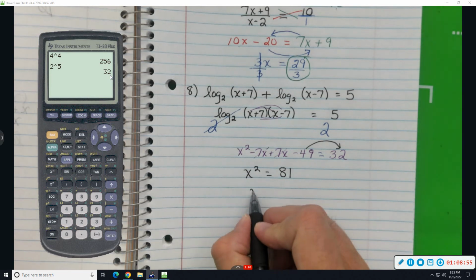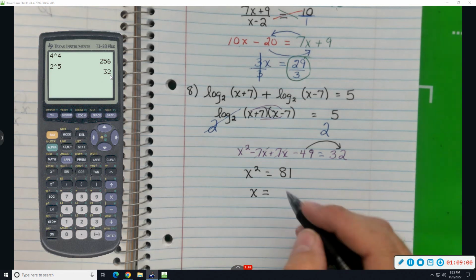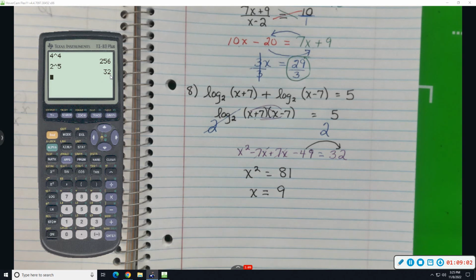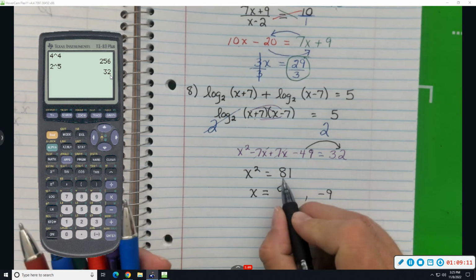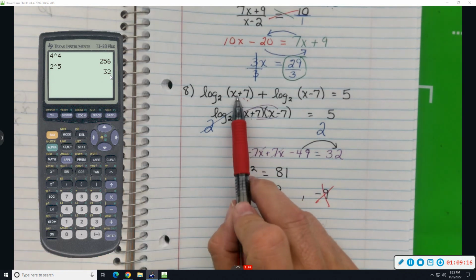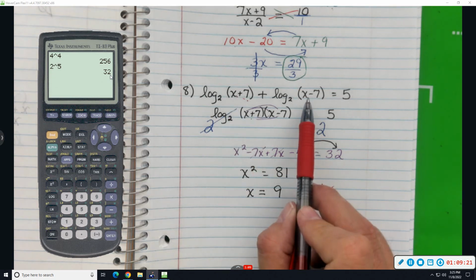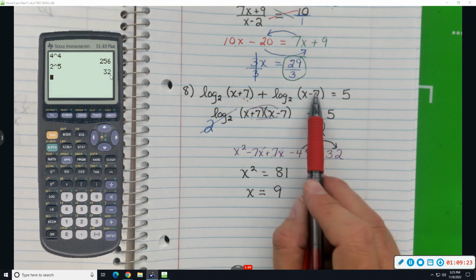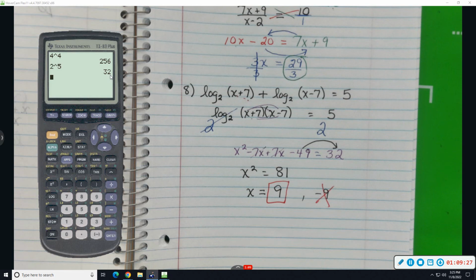Can y'all look at that and tell me what x is going to be? 9. And if you're thinking, well, what about negative 9? No. Negative 9 times negative 9 is 81, but negative 9 plus 7 gives you a negative number inside the logarithm. So only 9 is our answer.